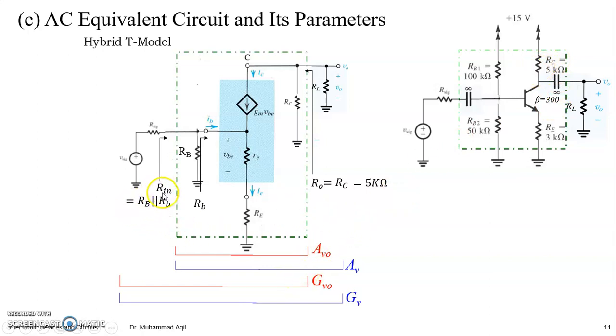Now to find out R in, we need to find out R input at the base of this transistor, and to find out R input at the base of this transistor, what we need to do, we can see, and we already know that this RE in the pi model will be equal to R pi, and that R pi will be equal to 1 plus beta times this RE.